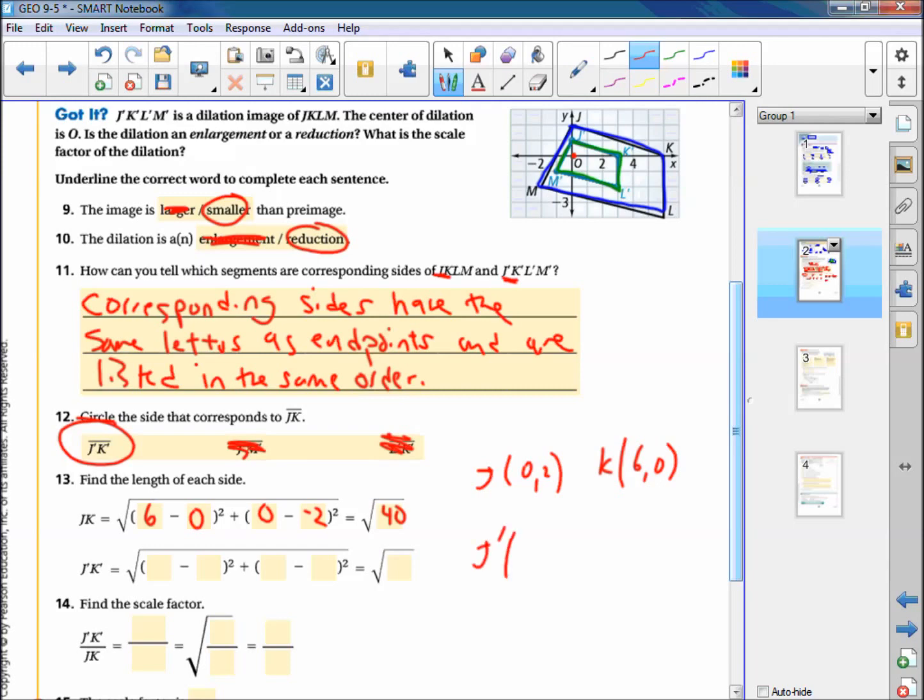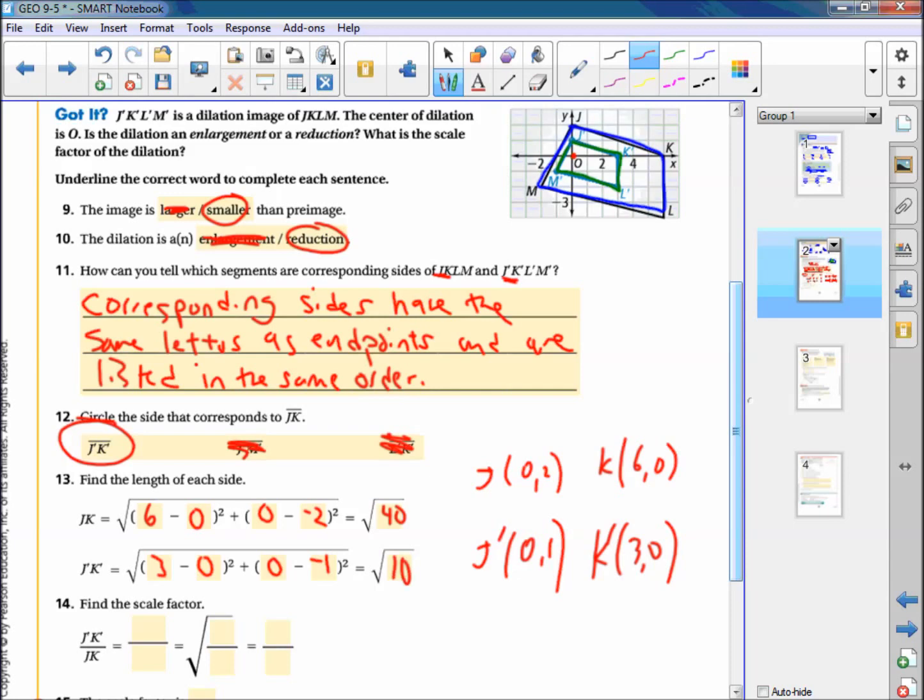J prime is at 0, 1, and K prime is at 3, 0. So this is going to be 3 minus 0 squared, and then the difference between the y's is 0 minus negative 1 squared. So that's 9 plus 1, for the square root of 10.